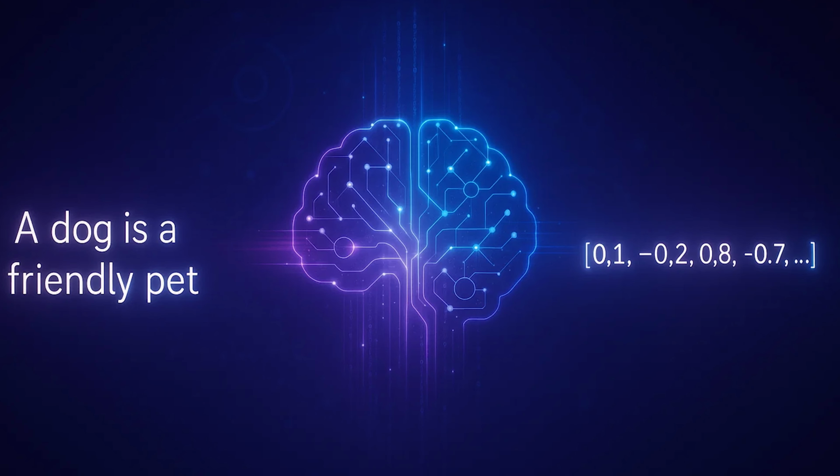The dimension can vary, but it captures the meaning of something like a sentence, image, video, or audio. For example, "a dog is a friendly pet" maybe that sentence can be converted to a 384 dimensional vector like 0.1, -0.2, -0.8, and likewise we have 384 dimensions. These numbers are generated by machine learning models that try to recognize patterns.